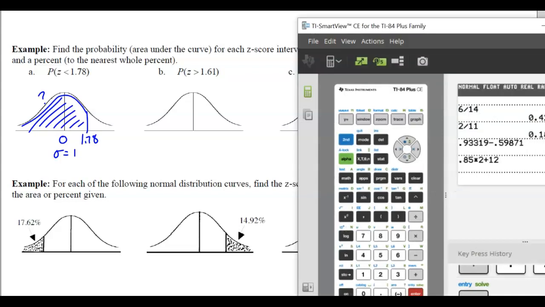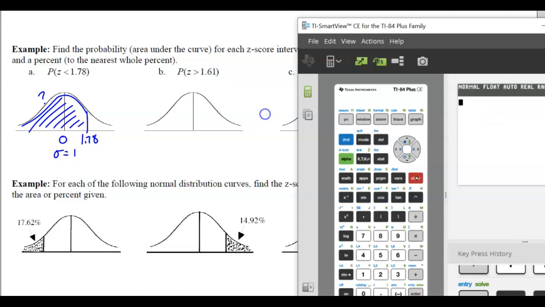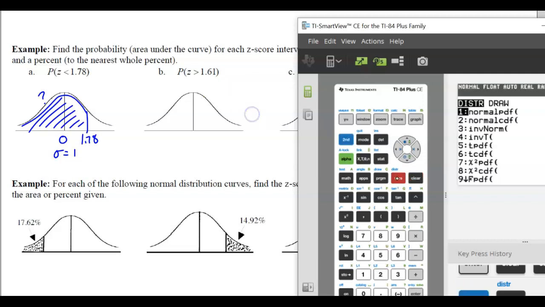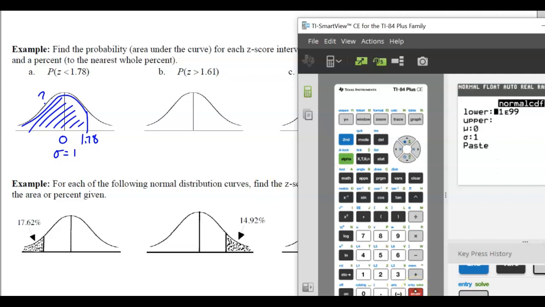Get out your calculator, and you'll see distribution is the second function of VARS. If you go second VARS, you'll see normalPDF, normalCDF. We never use PDF, we always use CDF for normal distributions. So you cursor down or press 2 on normalCDF.